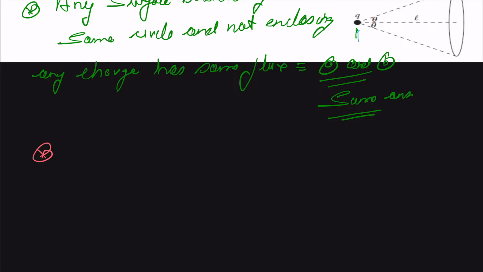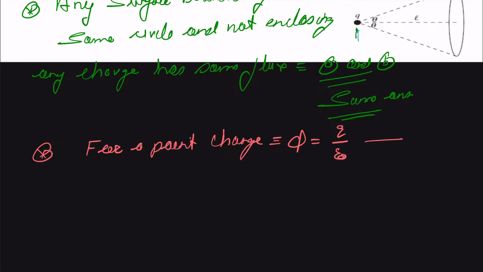So we can say the flux and the solid angle. For a point charge, we can write our flux phi will be equal to Q upon epsilon naught divided by our solid angle, and this is our 4 pi.